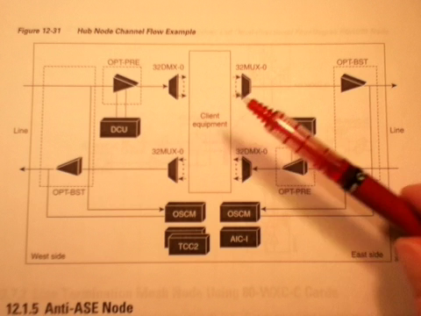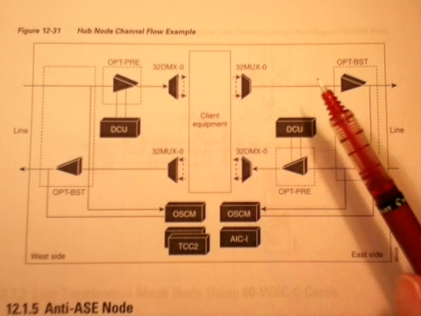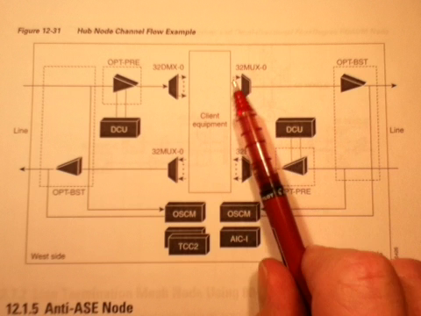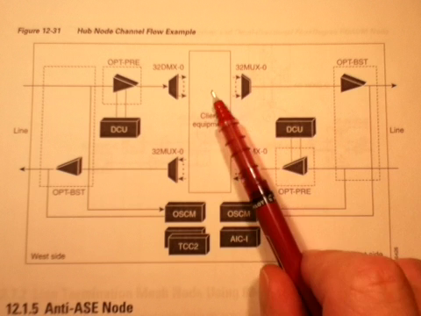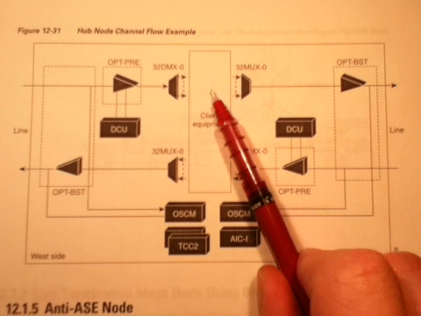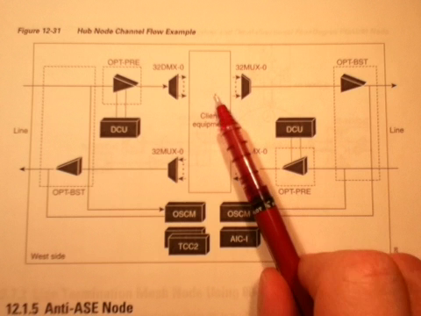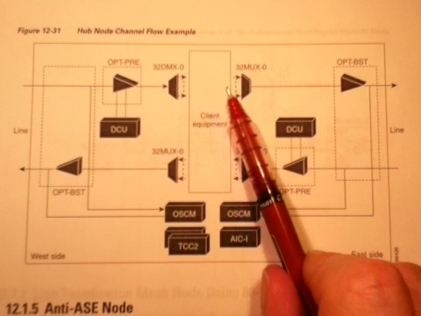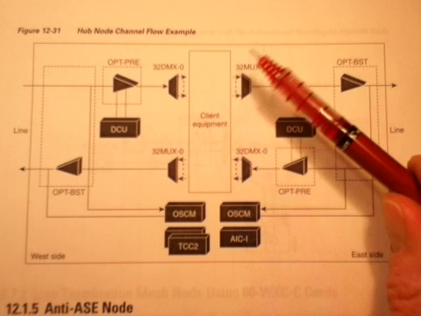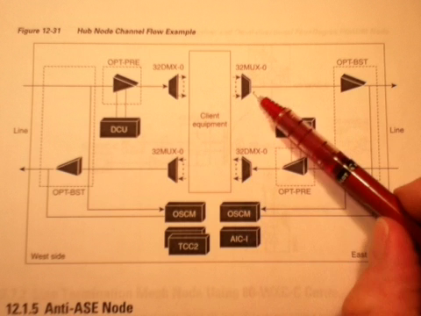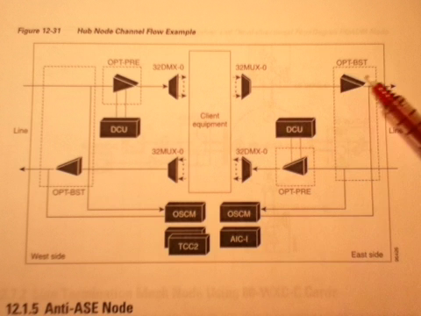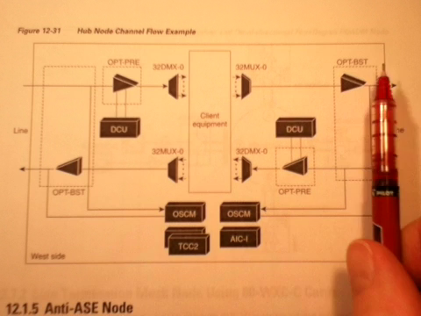Basically what we're doing is adding those using multiplexers. The client equipment includes all of those cards from Chapter 11, which turns the client signals into DWDM signals, and then it takes those DWDM signals, multiplexes them, puts them through a booster amplifier, and sends them on their way towards the east.